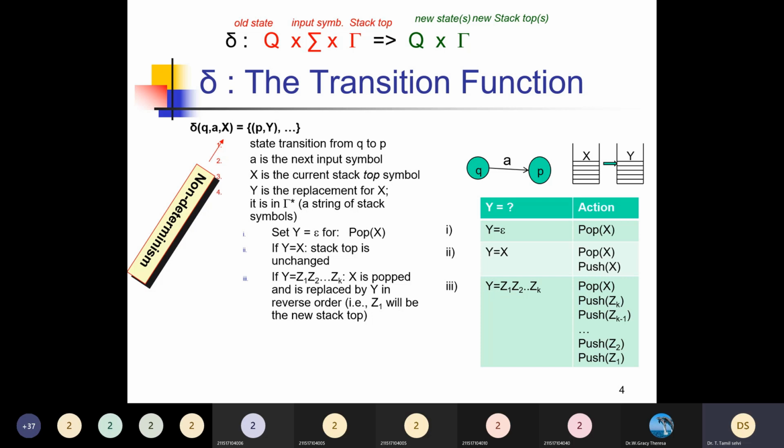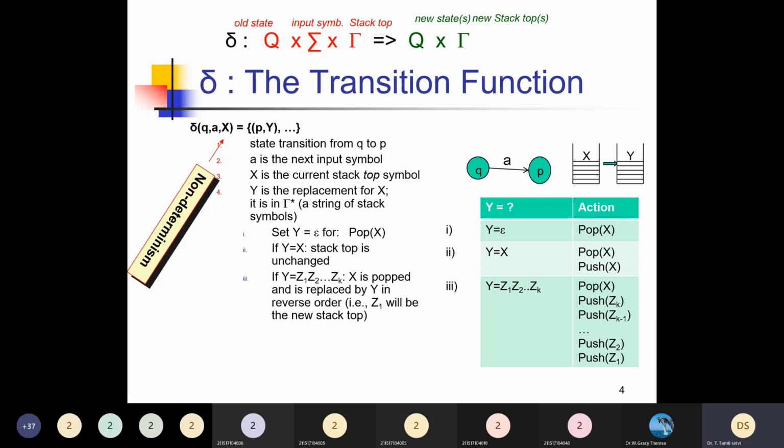You have to include the top of the stack value in our transition function. We have to take the decision based on the current state, current input symbol, and the top of the stack. So don't forget, in finite automata we use 2 parameters for the transition function. Here we are using 3 parameters, one extra parameter, which is the top of the stack value.